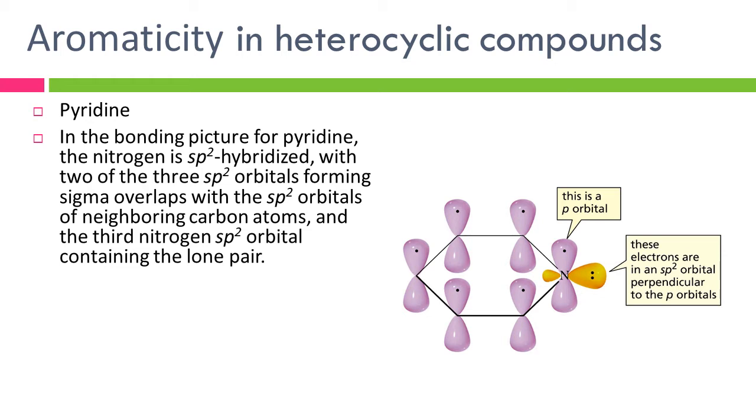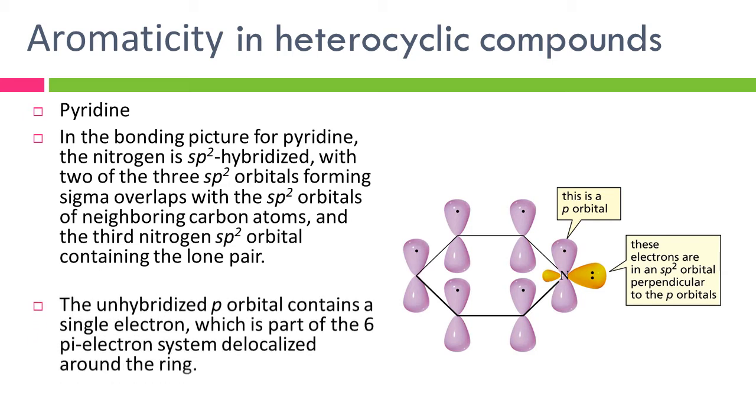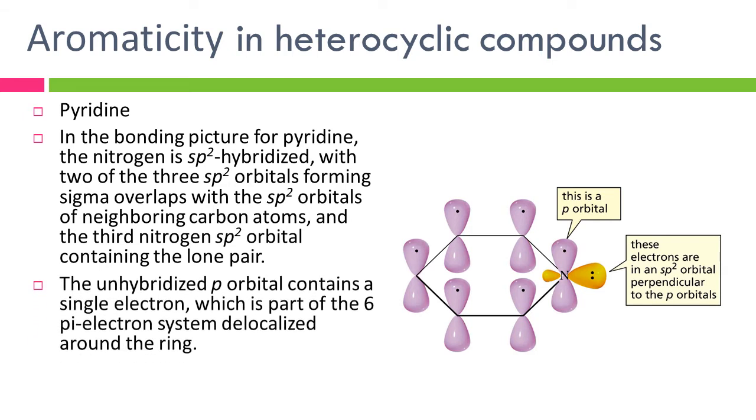This lone pair is perpendicular to the ring and does not contribute to resonance. The unhybridized p orbital contains a single electron, which is part of the 6 pi electron system delocalized, and it takes part in the resonance. Hence, pyridine with 6 pi electrons is aromatic in nature.